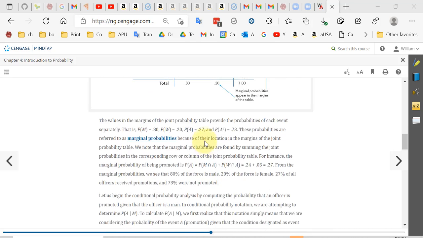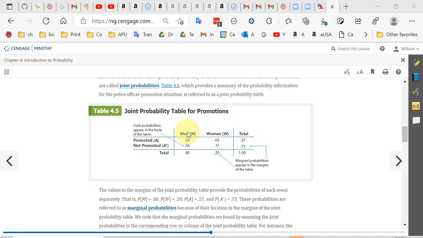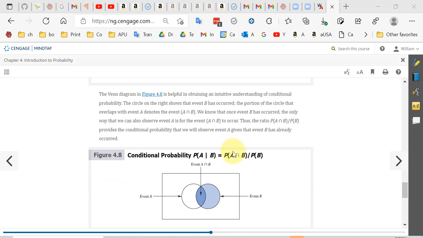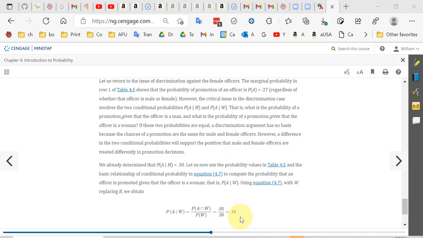The probability of men was here, 0.8. So 0.24 divided by 0.8. So given that it's a man, the probability that they get promoted was 0.3, and then we can do the same thing for a woman, and it gets 0.15. So we have used conditional probability to investigate this question of discrimination between the sexes.